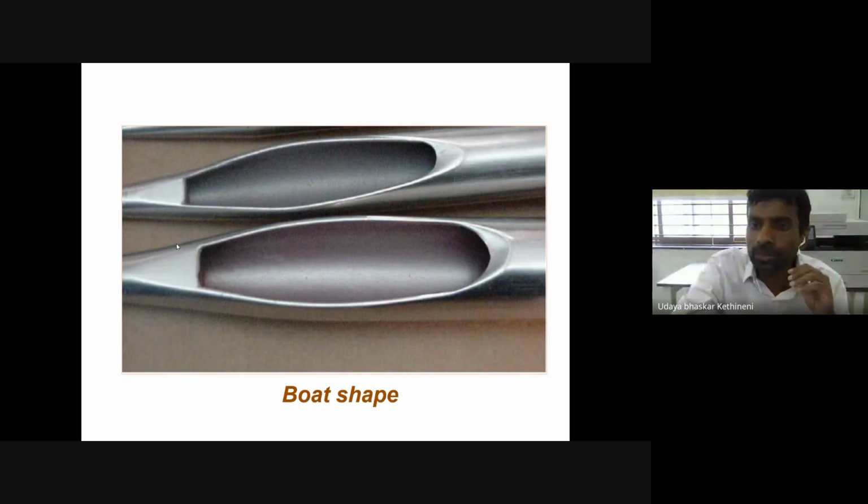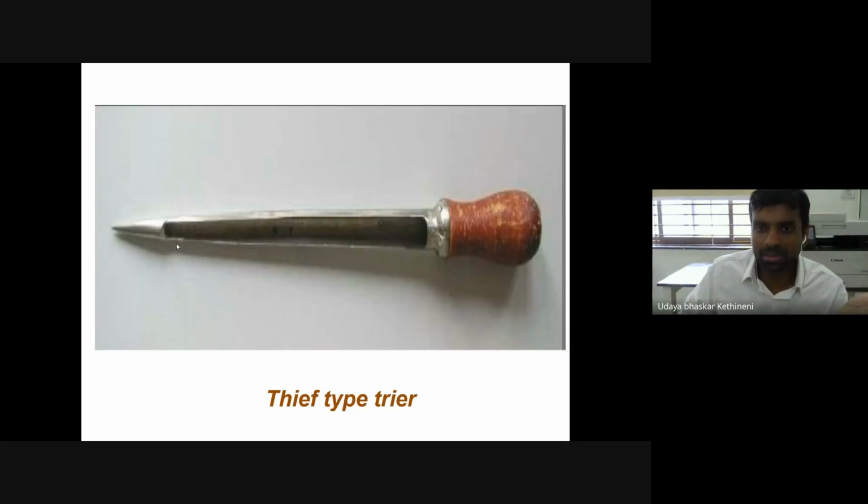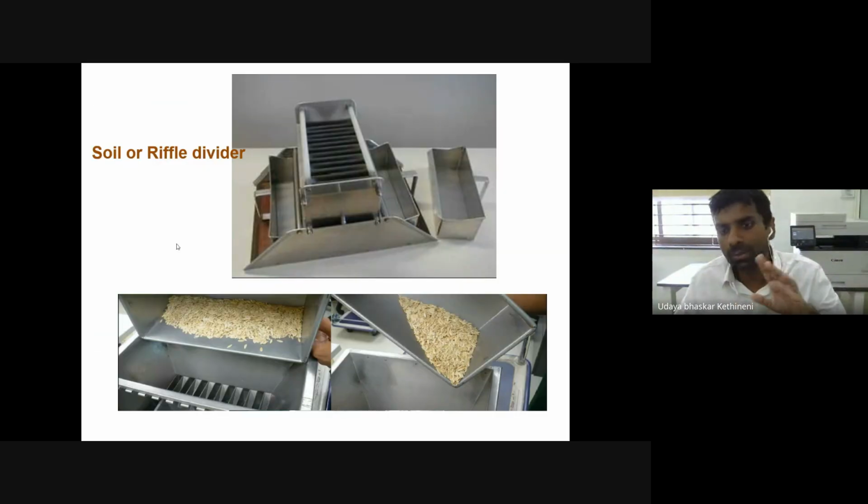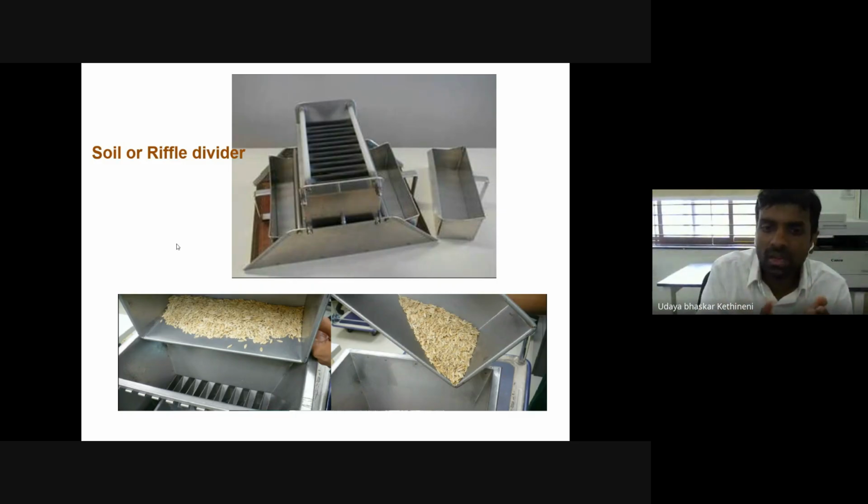Even how an aperture should be, for example, the shape of the aperture also matters. Some of the shapes are not valid as per ISTA rules. Some of the triers are also not validated as per ISTA rules. Some of the dividing methods, these dividers, you might be knowing that, for example, to have two equal halves, normally we will have these dividers.